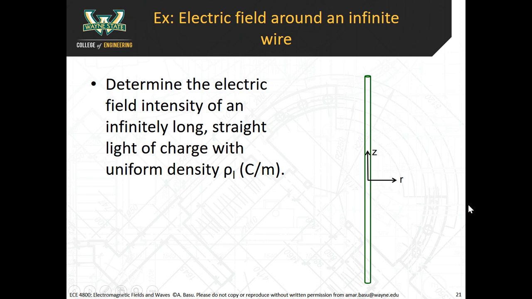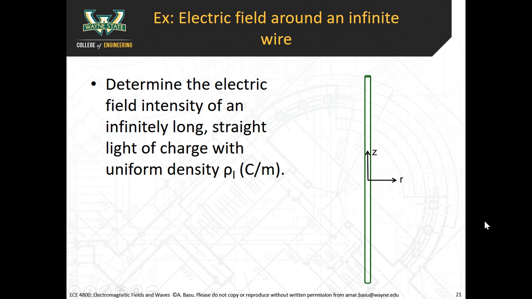This is Z, this is R, but it can also be X and Y. So if we draw it in the XY system, that's the coordinate system we'll use today. And this wire has a uniform charge density rho L given in coulombs per meter. The question is, determine the electric field intensity of an infinitely long straight line of charge, with uniform density, at some point r away from it.